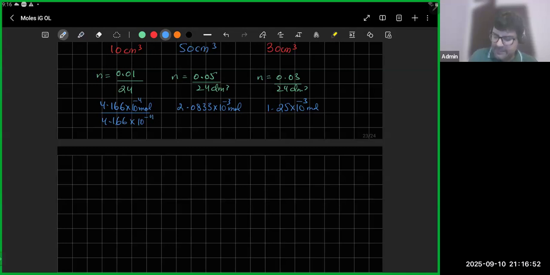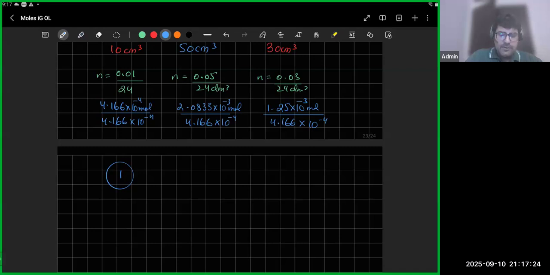The first one would come out to be 1. What do you get for the next one if I divide by 4.166 times 10 power minus 4? The first one is 1.